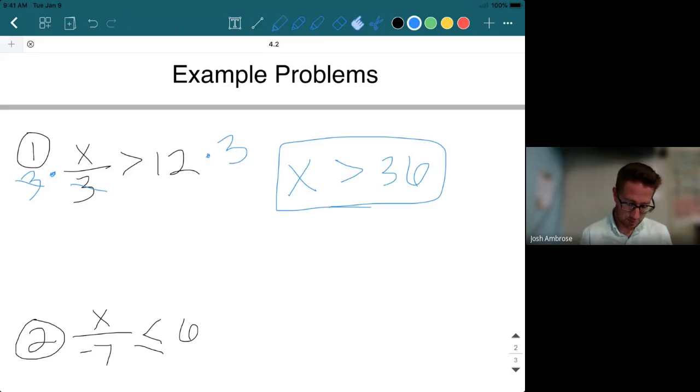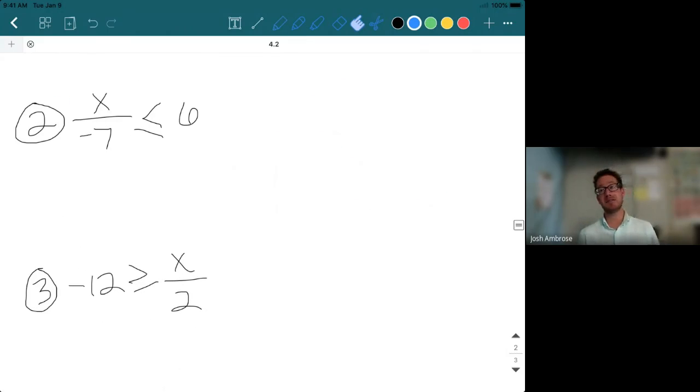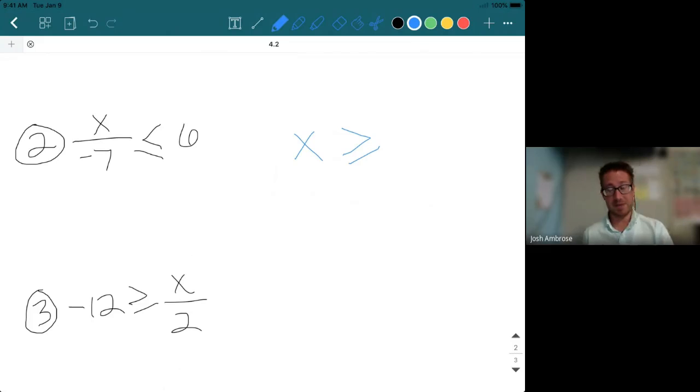Second example problem, x divided by -7. Ding, ding, ding, that's your red flag right there. There's a negative coefficient. A -7 with the variable means I will be flipping the inequality sign. So I will have x, but I'm going to flip the inequality sign. It will flip now to say greater than or equal to.